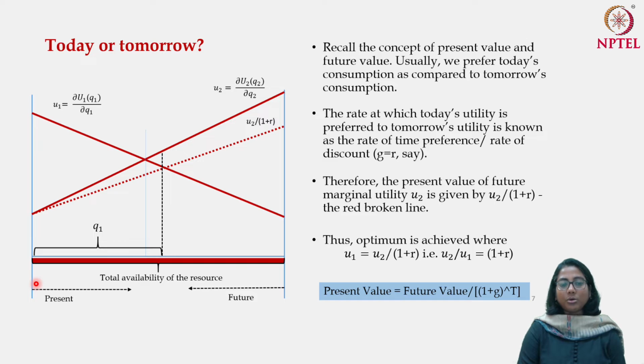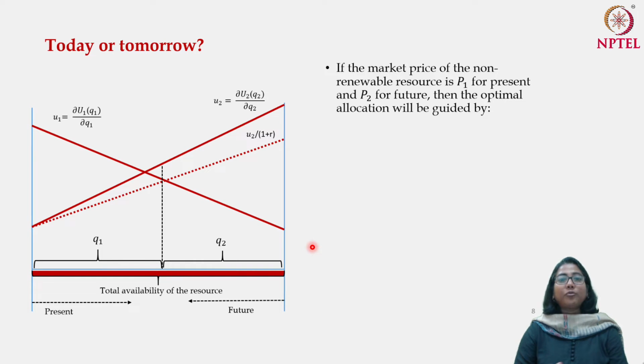This Q1 amount is what you can extract and use today, and the Q2 amount, measured from the right, should be extracted and used tomorrow, so that the present value of the marginal utility of both periods actually remains the same. We are left with one more question.